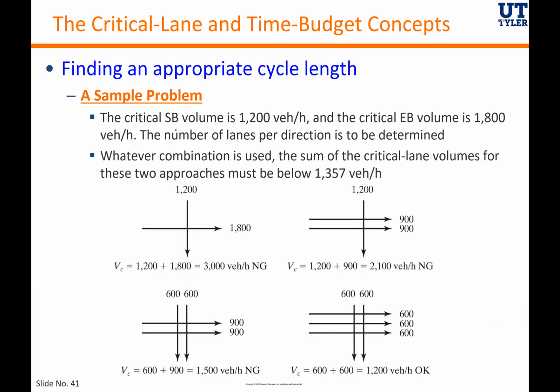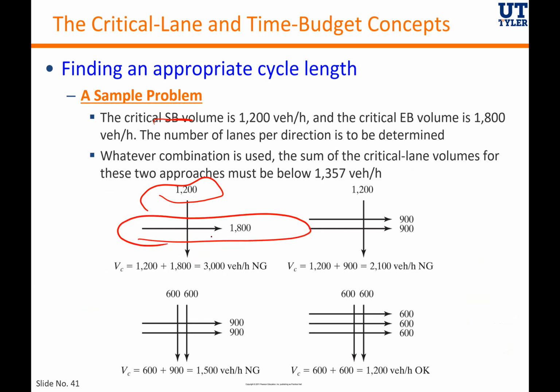The critical southbound volume is 1200 vehicles per hour, and in the opposite direction, the eastbound, it is 1800.